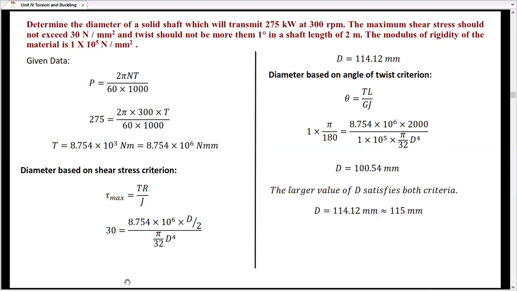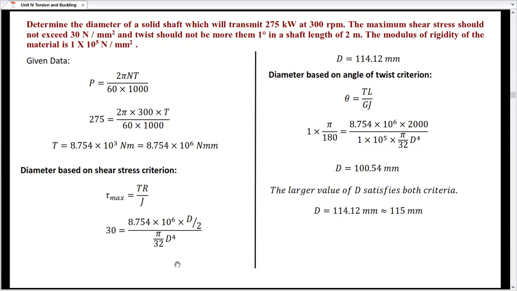So we can put in the value of shear stress. The shear stress should not exceed 30 Newton per mm square, so you can put tau max as 30. The torque we have already calculated, 8.754 into 10 raised to 6. The radius is half of the diameter, that is d by 2, upon the J value, pi by 32 d raised to 4.